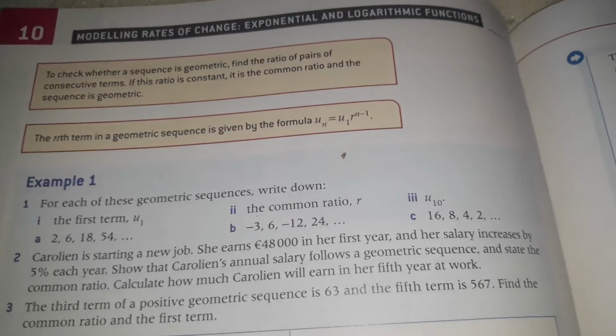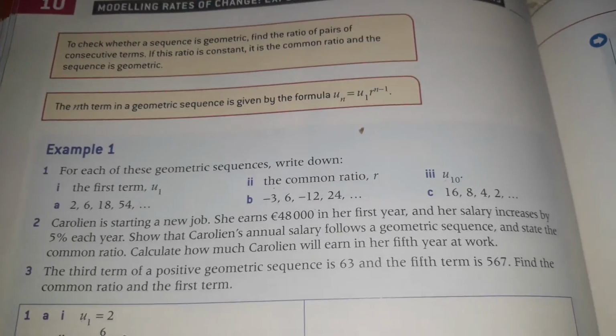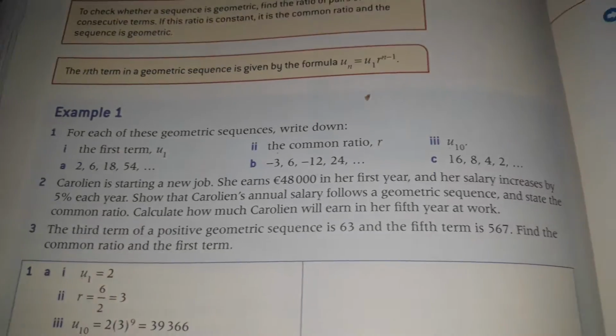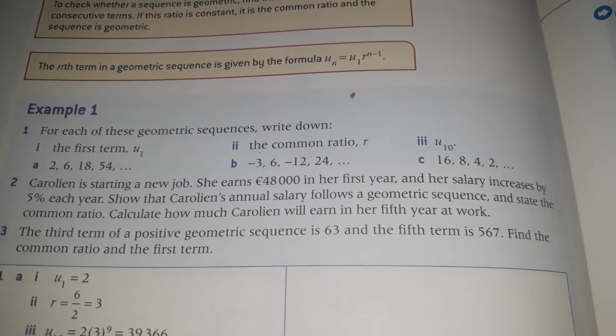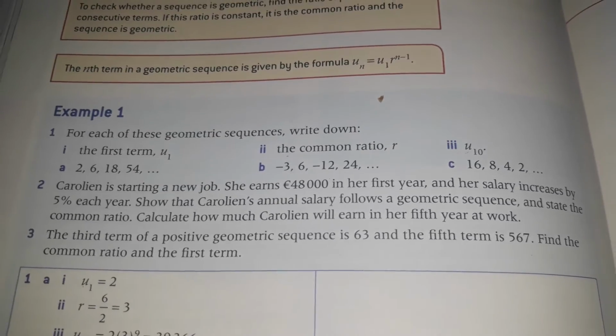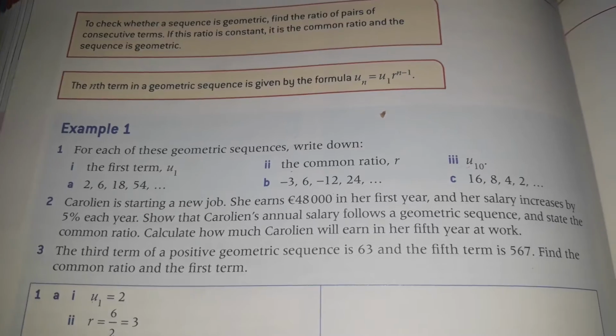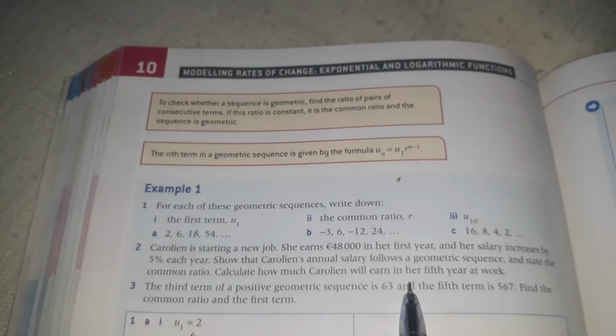So in the second year, her salary will increase by another 5%. In the third year, another 5% of the previous amount. So you can see that Caroline's annual salary follows a geometric sequence. So this question already tells us that it's a geometric sequence question, and we have to state the common ratio for that, and we have to calculate how much Caroline will earn in her 5th year of work, right?